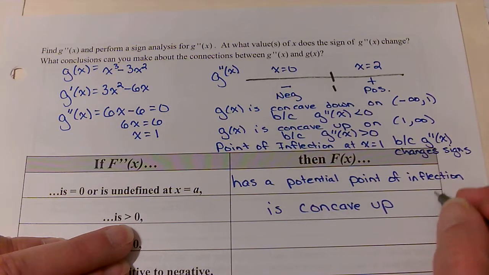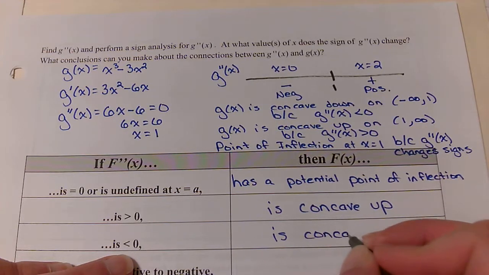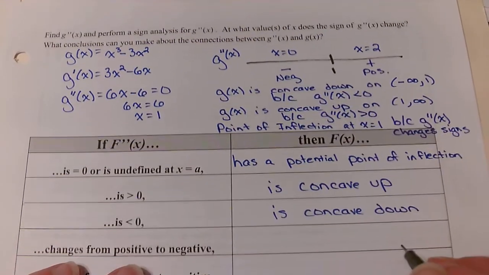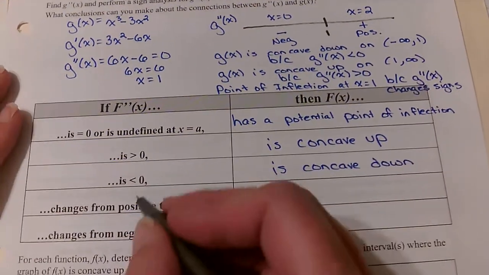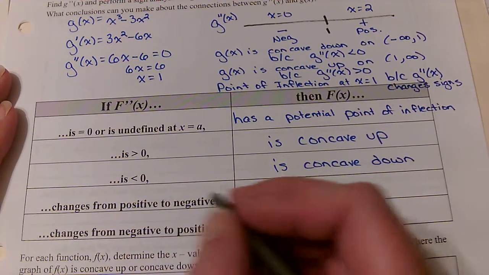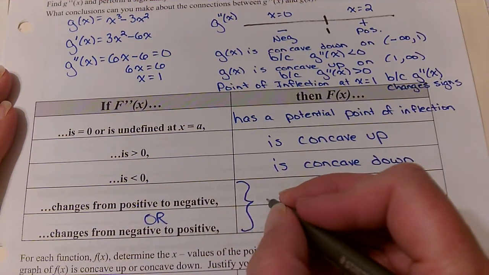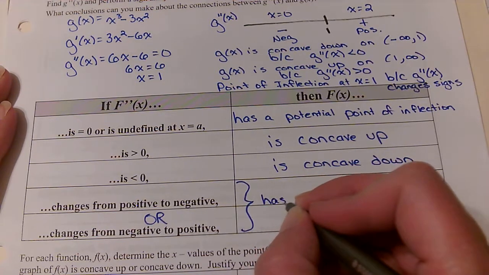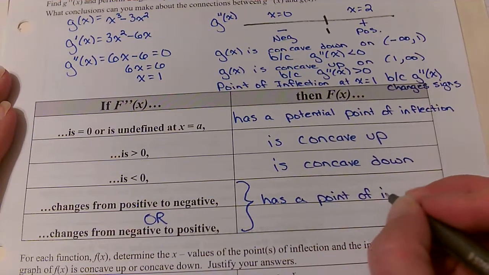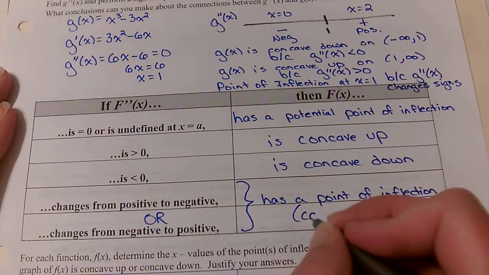That means the graph is going to open up. If it's negative, the graph is concave down. When the second derivative changes signs, positive to negative or negative to positive, either one of these tells me that it has a point of inflection. Concavity changes.